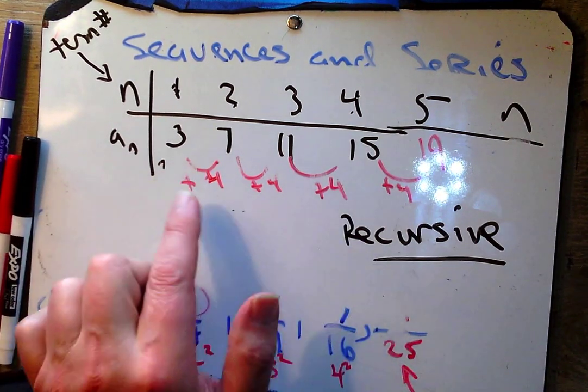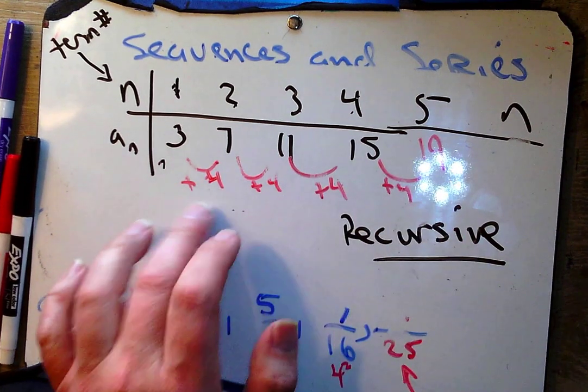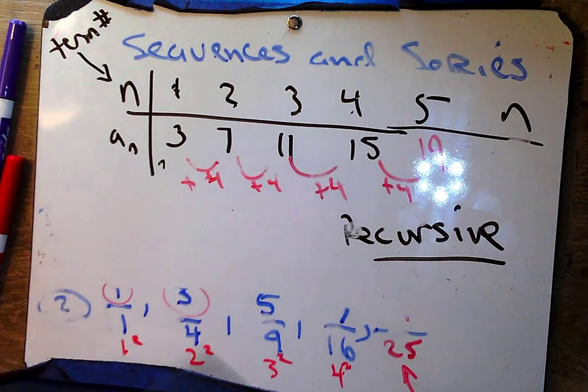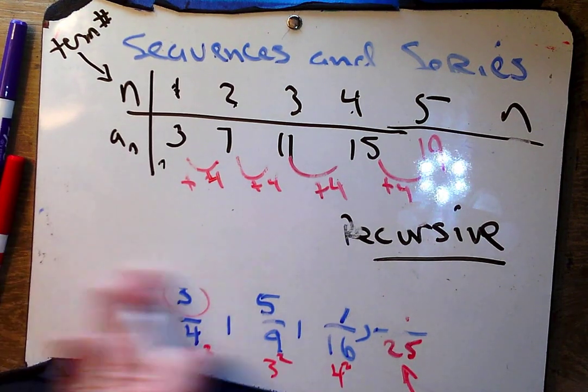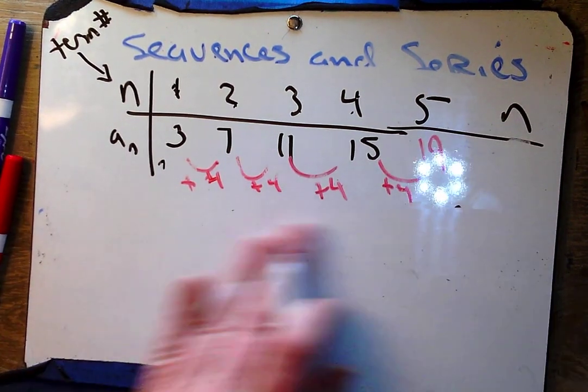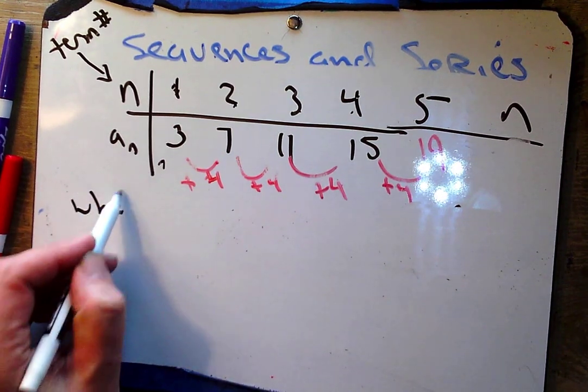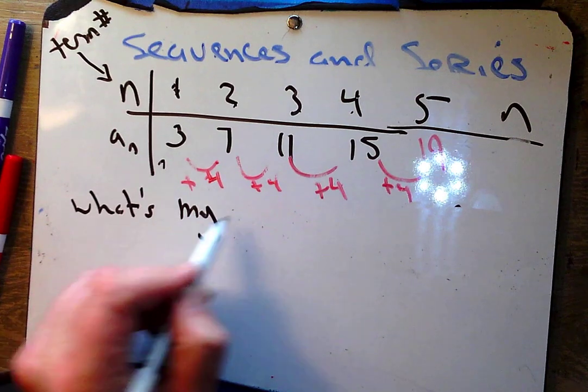Instead, what I know about a function when the values go up by the same amount each time is that that's linear. And so whenever I have linear, I can say, what's my rule?